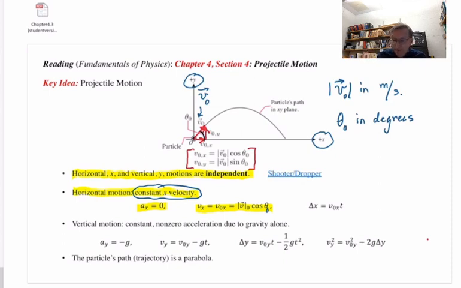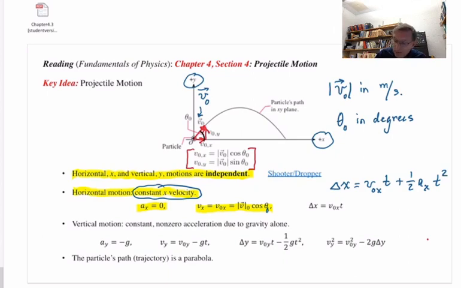And if we want to find how much its x coordinate changes with time, all we have to use is constant acceleration equation 2. I'll write it all out here for you. Delta x equals v initial x t plus 1/2 a sub x t squared. That's constant acceleration equation 2 for x motion.